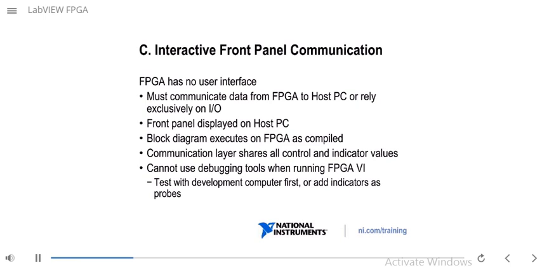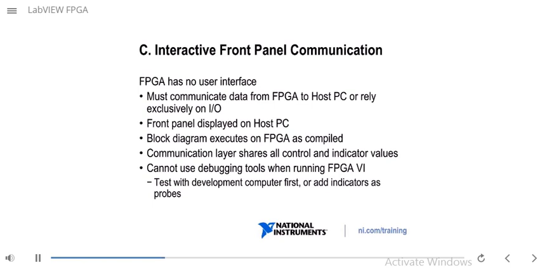When you create an FPGA VI and run it, you're going to be able to see on the front panel some of the values coming from the FPGA VI, and we'll talk about this in the next slide. The block diagram that you've created for your FPGA VI defines the functionality of what you want your FPGA chip to do.